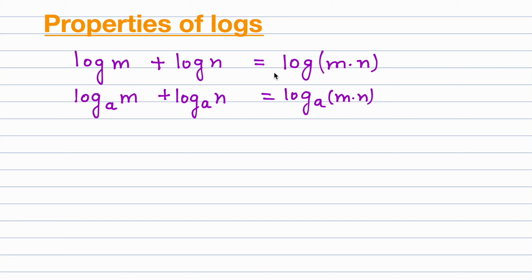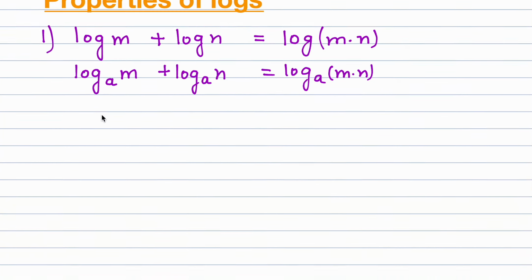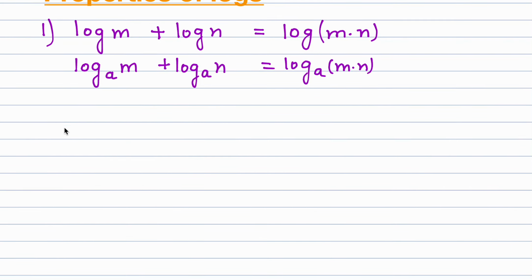There should be no base on both sides, left hand side as well as right hand side. But if there is a base, it should be the same on the left hand side as well as the right hand side. I am writing without base, but these properties are true when the base is the same throughout.